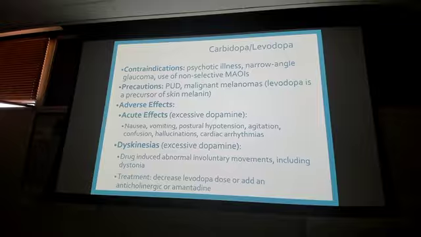So those were our meds that we talked about, like your isocarboxazid, your phenelzine, those types of medications, okay? So if it is a MAOI, I will tell you that it is a MAOI, so that you know in this situation. Looking at your precautions, again, peptic ulcer disease, if somebody has any type of cancer, you're definitely worried about that because of that levodopa portion. It is a precursor to some of the melanin that we have in our skin.